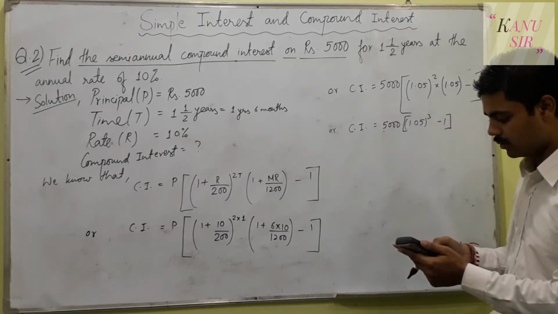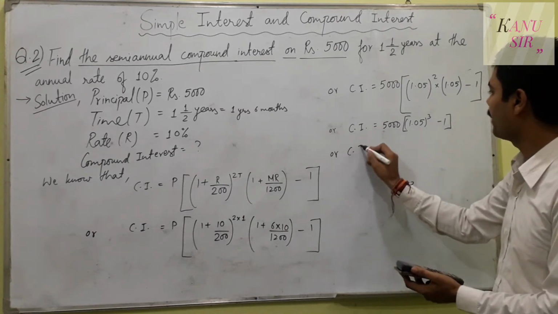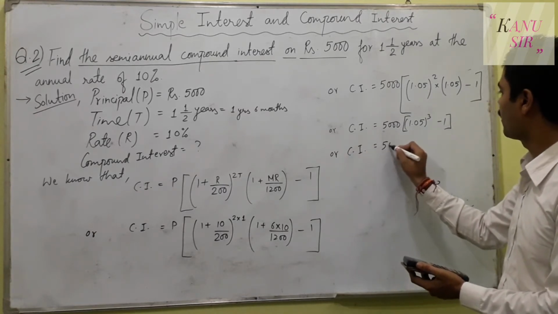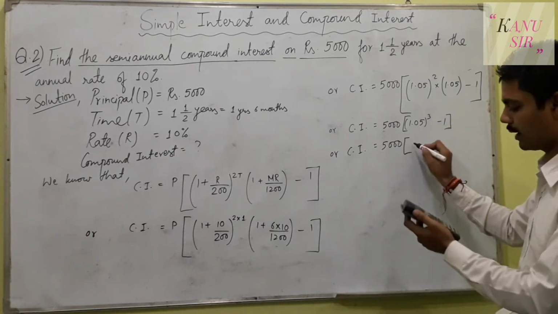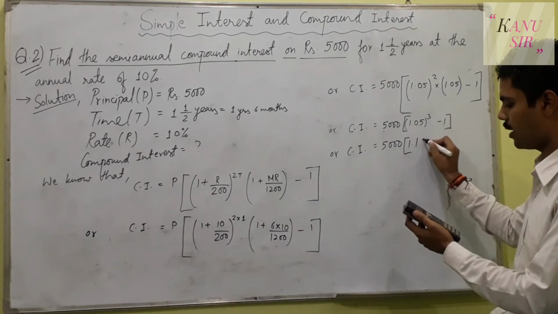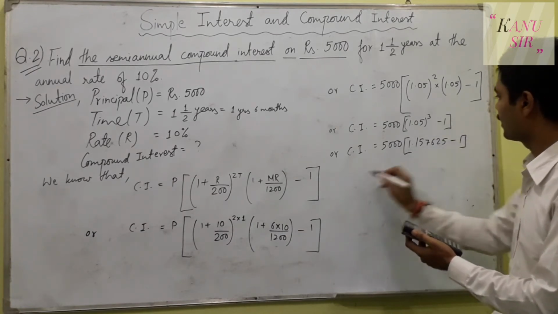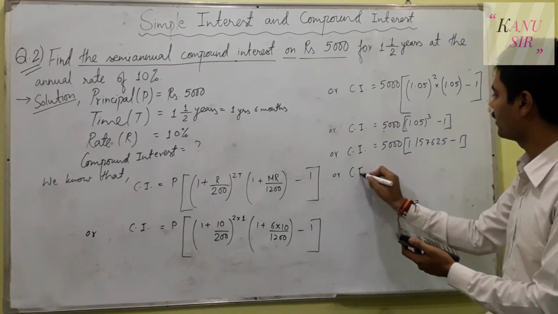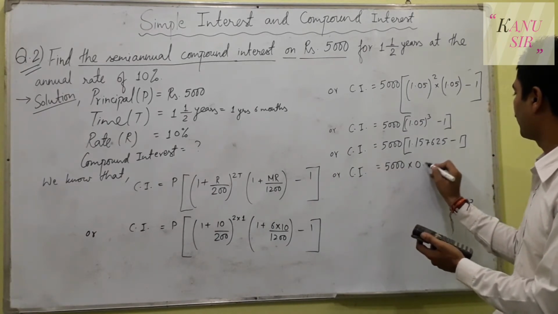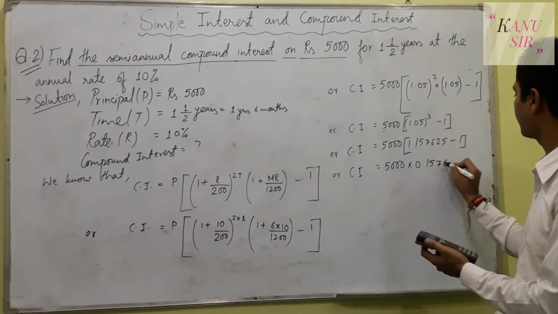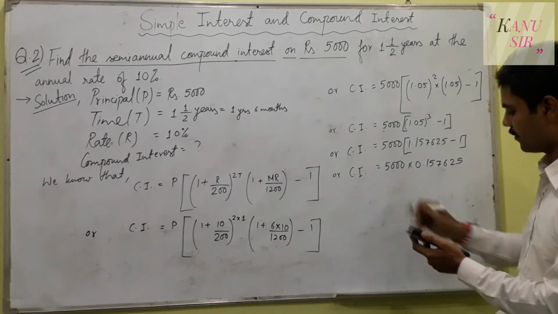In the calculator we will do the power 3: 1.05 to the power 3 gives 1.157625. Subtracting 1 from the given number, we have 0.157625, and multiplied by 5,000.